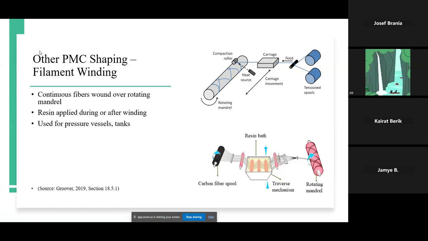Other PMC shaping: filament winding. Continuous fibers are wound over a rotating mandrel, with resin applied during or after the winding. Used for pressure vessels and tanks.